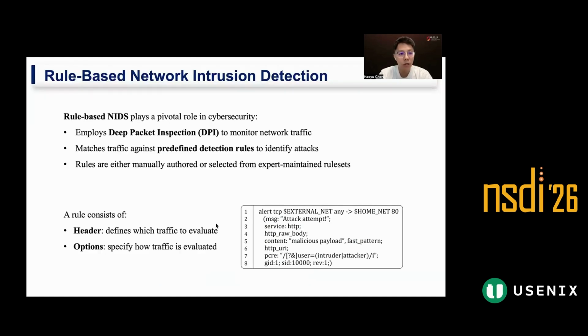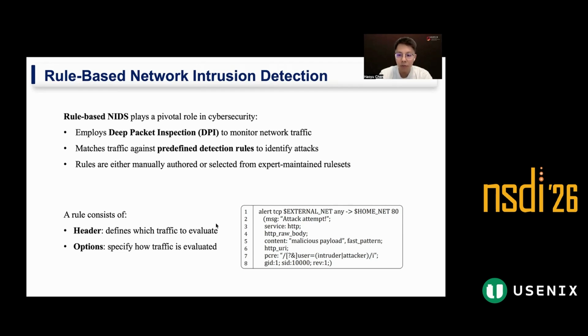First, let me start with some background introduction. Rule-based network intrusion detection system, or NIDS for short, plays an important role in cybersecurity. The way they work is conceptually simple. An NIDS uses DPI, deep packet inspection, to monitor network traffic and then matches that traffic against the predefined detection rules that capture the signature of known attacks.